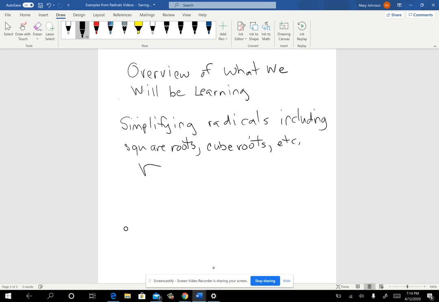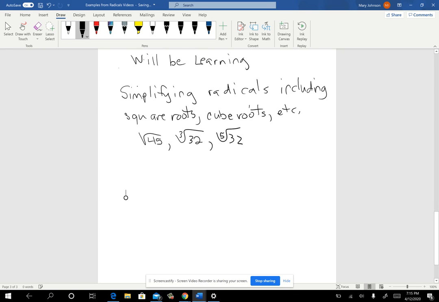So like you know how to do square root of 45, we're going to make sure you know how to do something like the cube root of a number, or even the fifth root of a number. Okay? It works a lot like it did for square roots.